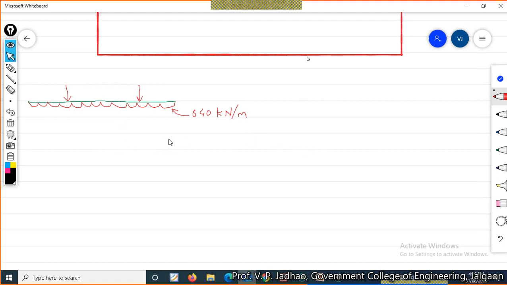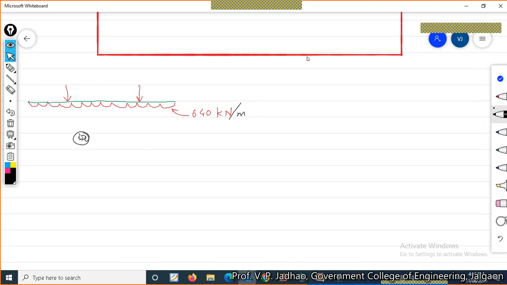So in this step, step number 5, or otherwise we can just consider this as A. Just a minute, it is not working properly. This is again kilonewton per meter.